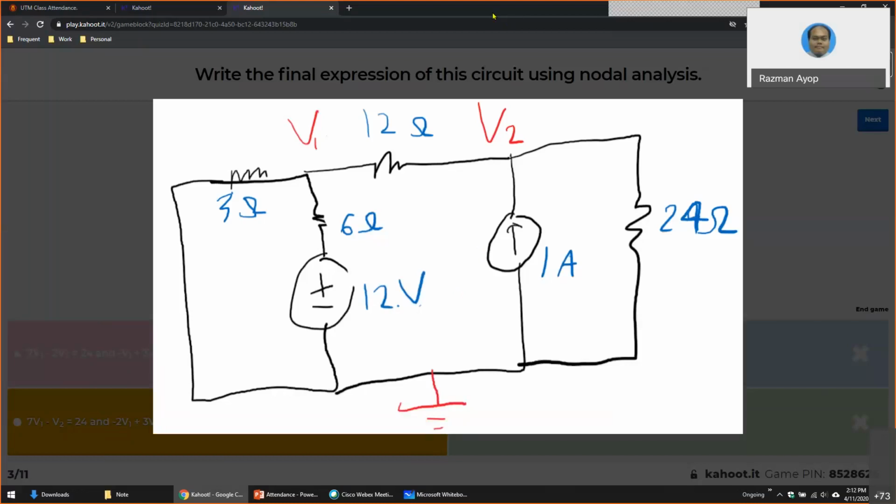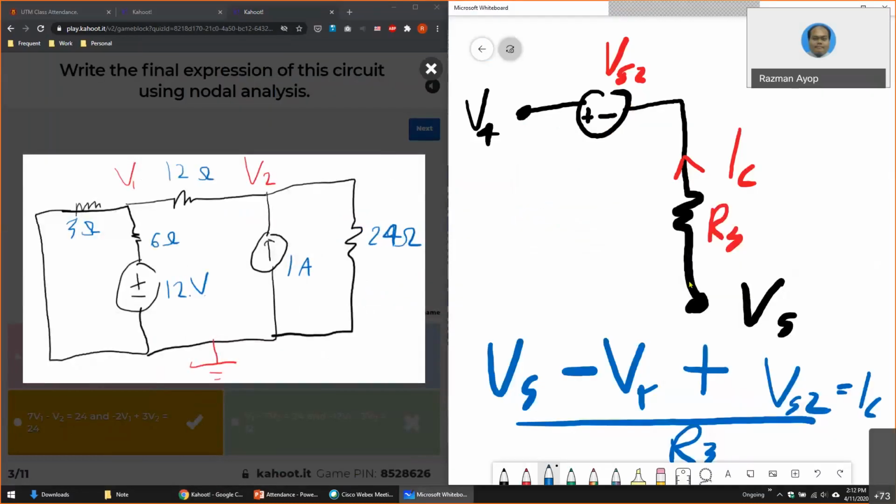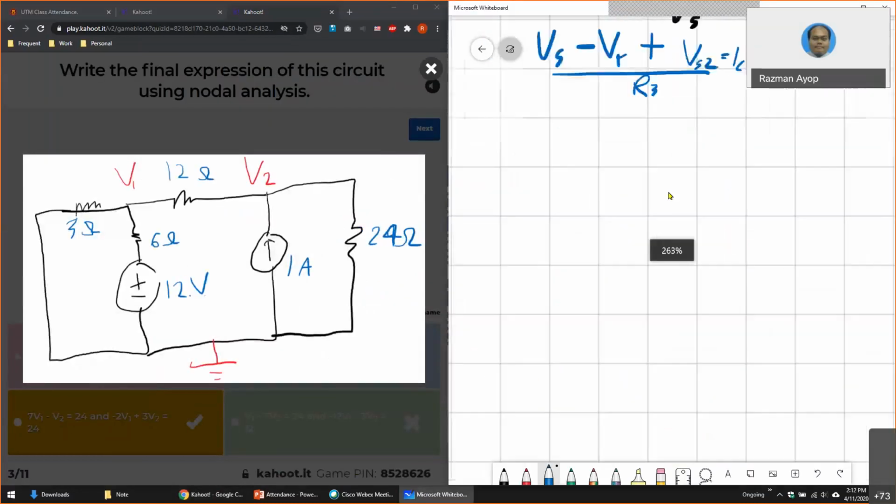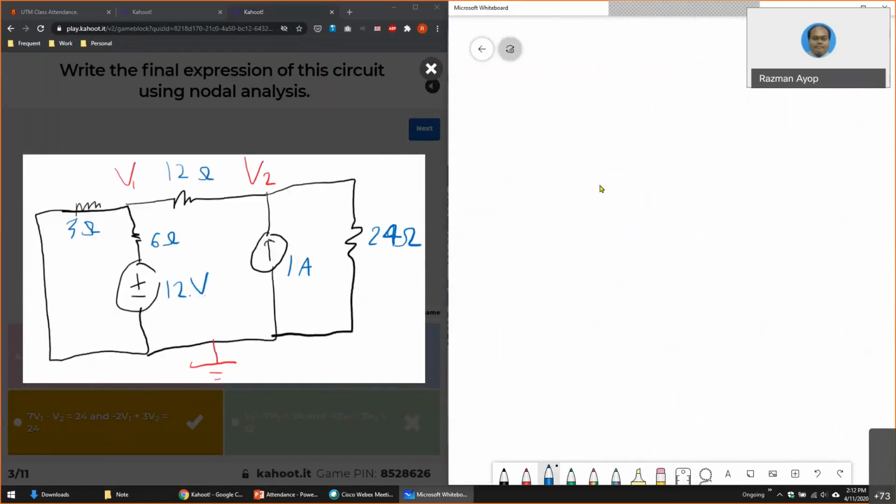Okay, so how to solve this? We start with KCL at V1. I use the out-of-node method. So (V1 minus 0) divided by 3, that is for the 3 ohms.